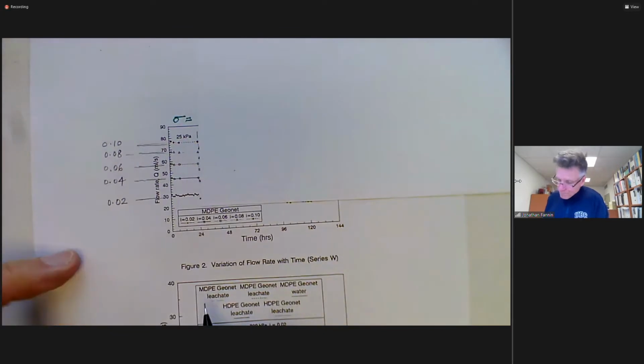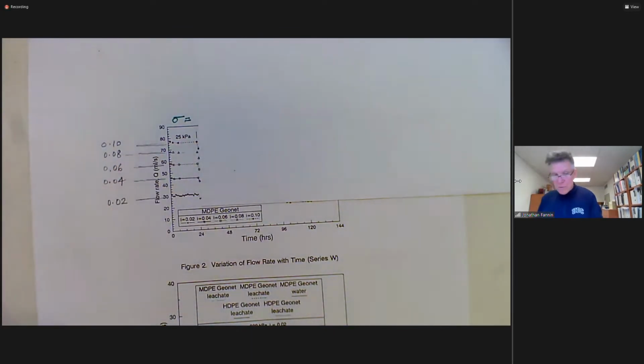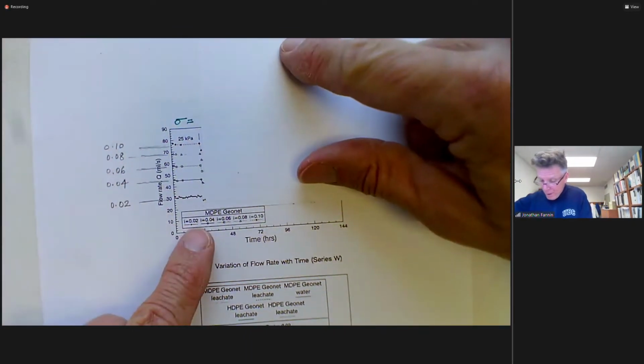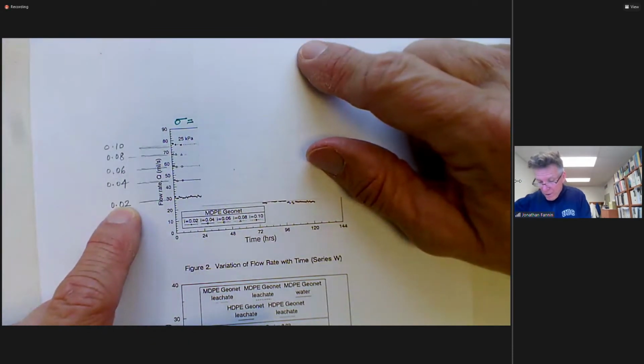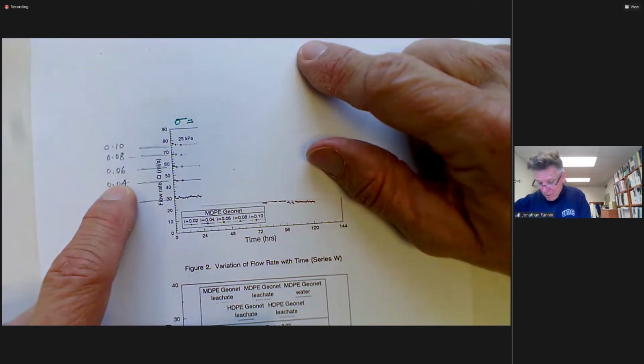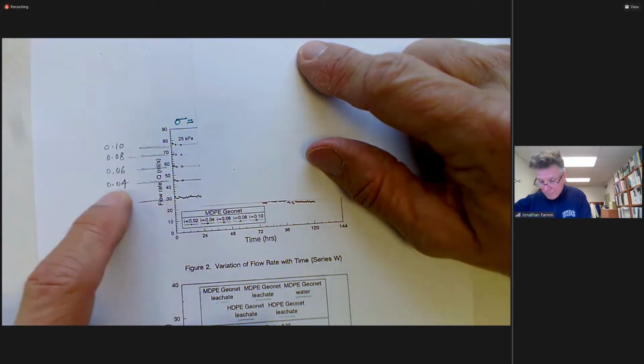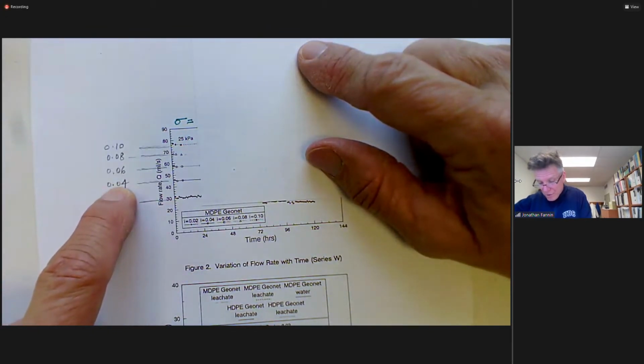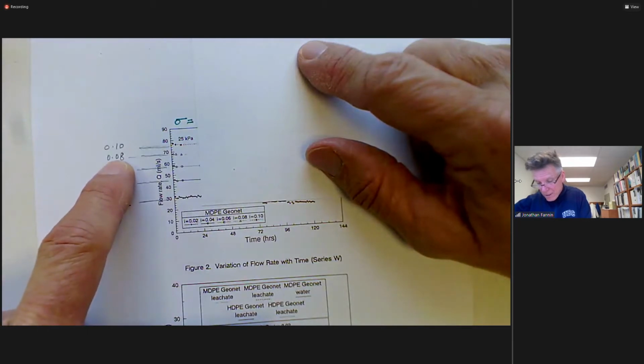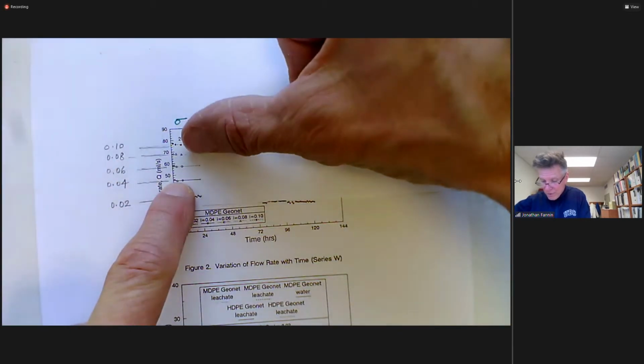We can see that all these lines are getting a little bit closer together here. In other words, if we double the gradient, we couldn't quite double the flow. If we double the gradient again from 0.04 to 0.08, we don't quite double the flow.